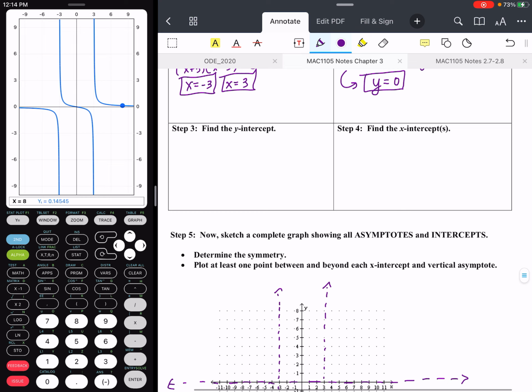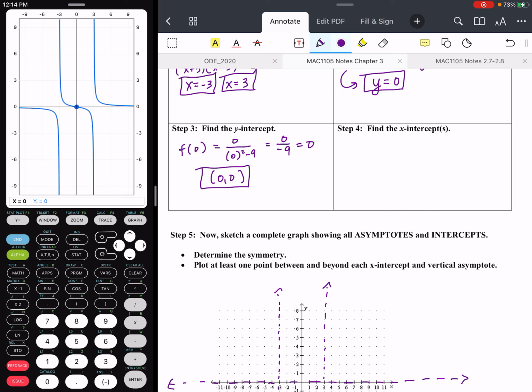All right, so find the y-intercept. f of 0 would be 0 over 0 squared minus 9, which is 0 over negative 9, also known as 0. So y-intercept at (0, 0). And I can confirm this on my calculator, x equals 0, y equals 0.